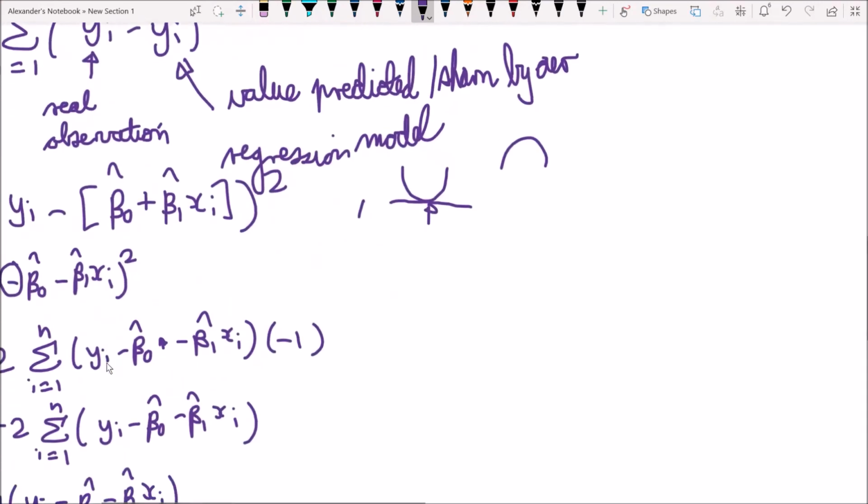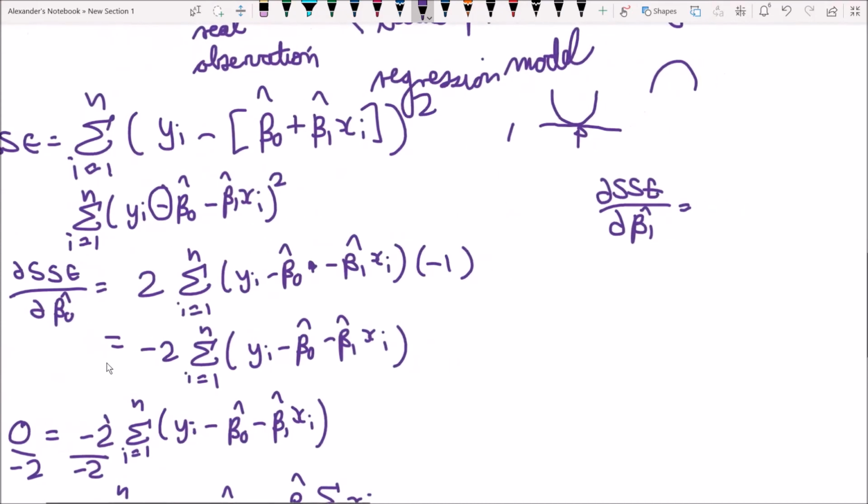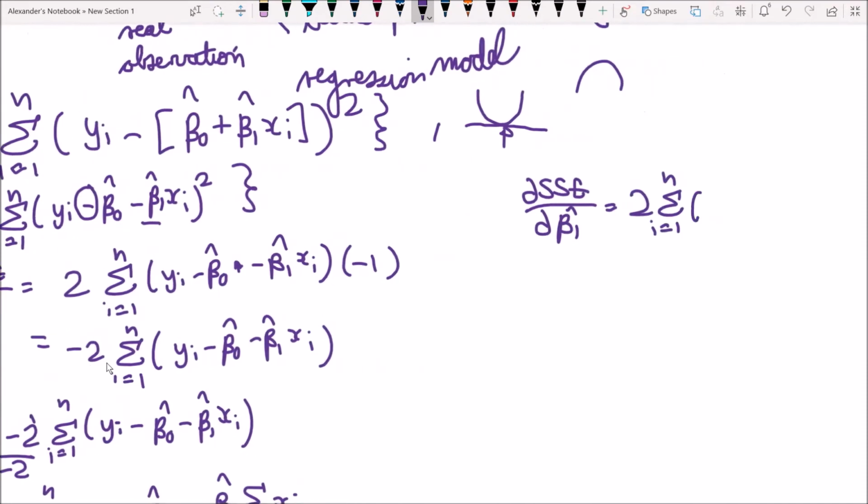For beta 1 hat, we take the partial derivative of the sum of squared errors with respect to beta 1 hat. Again, we're deriving this function over here, with respect to beta 1 hat. First step, 2 times the summation from i = 1 to n of (yi − beta 0 hat − beta 1 hat xi).